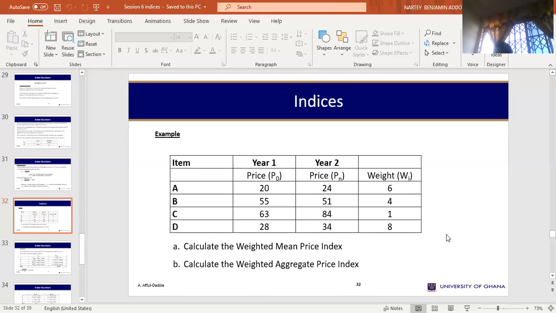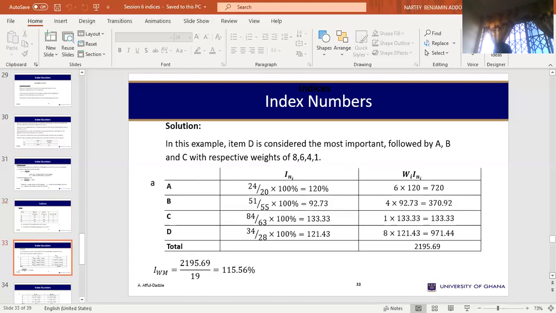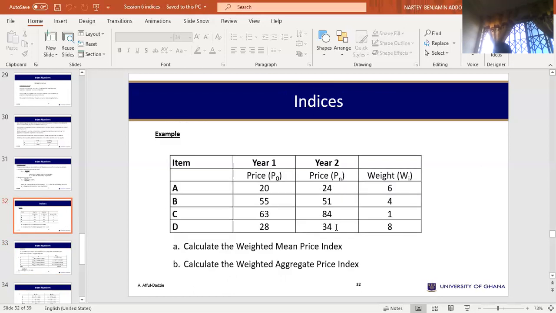So if you want to calculate the weighted mean price index and then the weighted aggregate price index, we have the price P0, which is the base year: 20, 55, 63, and then Pn, the current year, year 1, year 2.